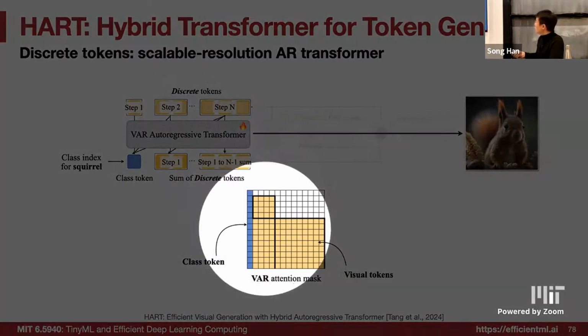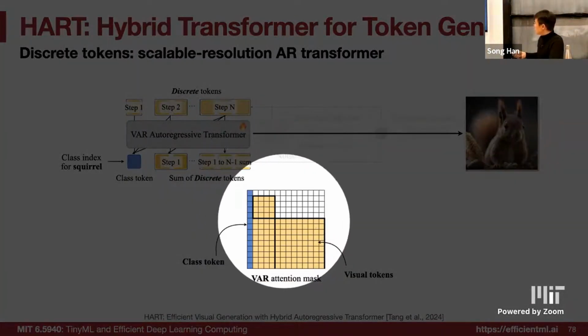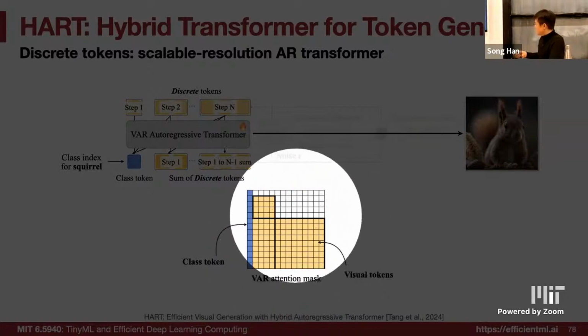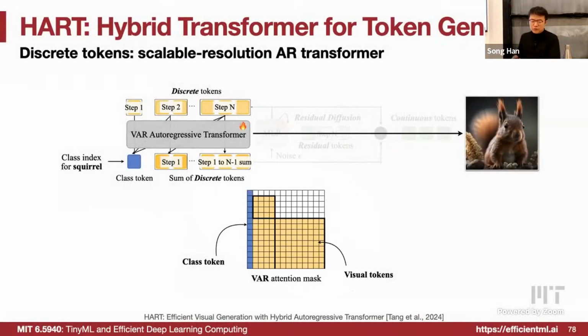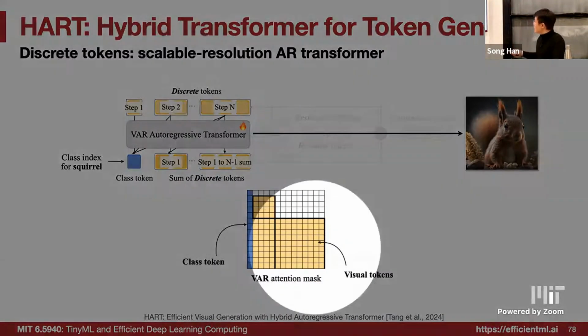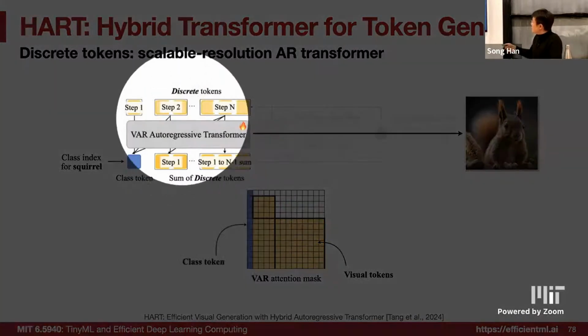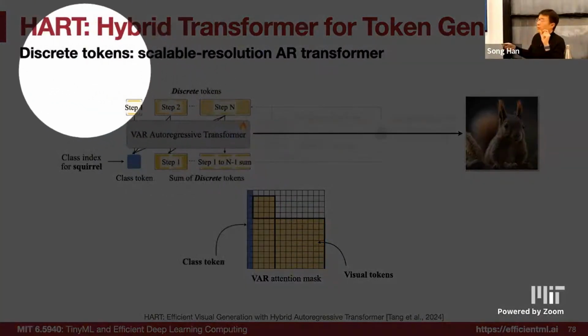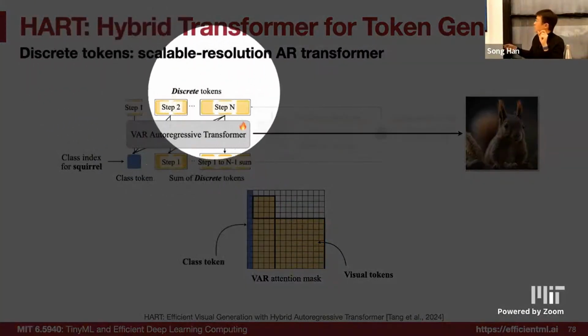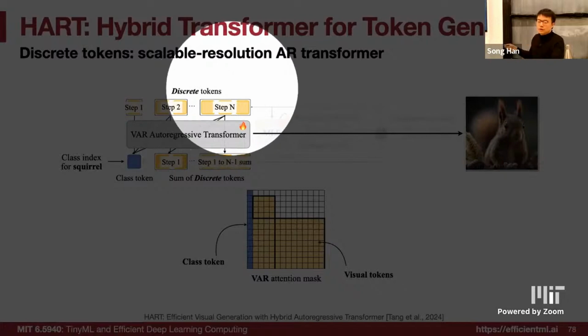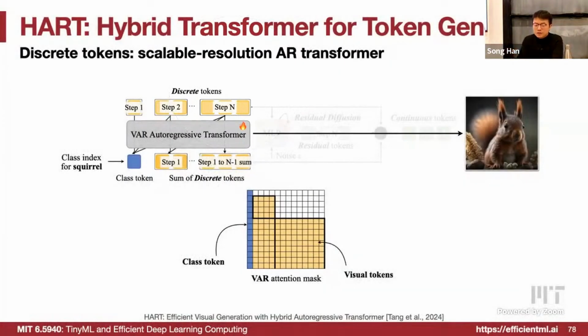So from 2 by 2 to 3 by 3. Sorry, this is 9 by 9. Since 3 by 3 generates 9 tokens, everything has to attend to each other. Okay, so this is purely using the discrete token. So from step 1, we get a 1 by 1. Step 2, we get 2 by 2, 3 by 3, all the way to much larger resolution.